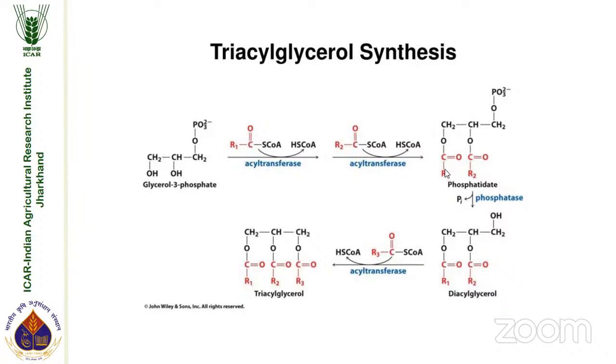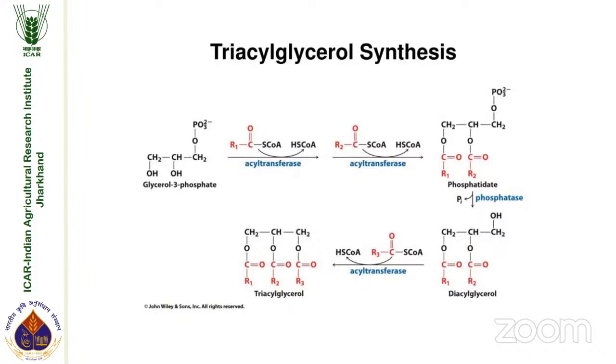In phosphatidic acid, you have two acylated carbons and one carbon attached to the phosphoric acid. Further, with the action of phosphatase, it will produce diacylglycerol. Further acyl transferase action will lead to production of triacylglycerol.